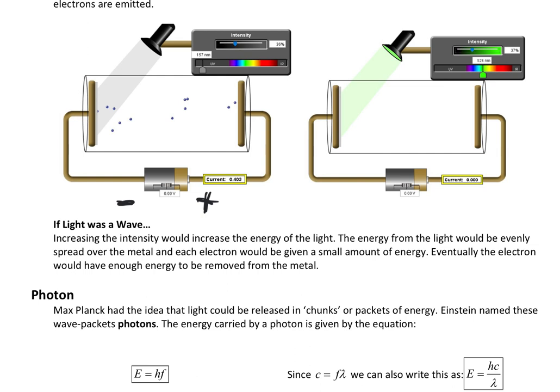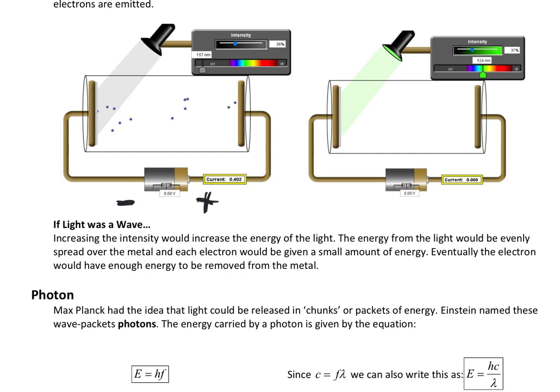And so what it's saying here is that if light were a wave, in terms of this experiment, a more intense light beam should increase the energy of the electrons, because the intensity of light is related to the energy per unit area.